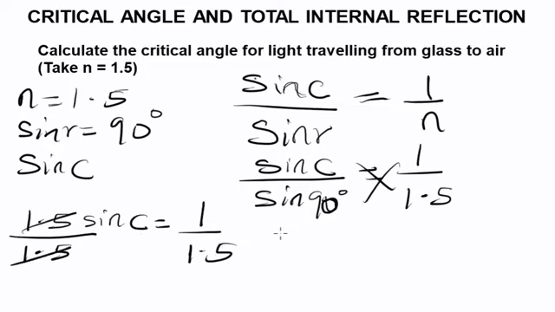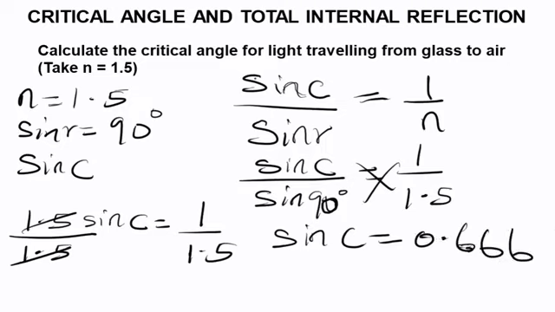So you're going to have sine c equals 1 divided by 1.5, which is 0.66666. Let's leave it at 3 decimal places.